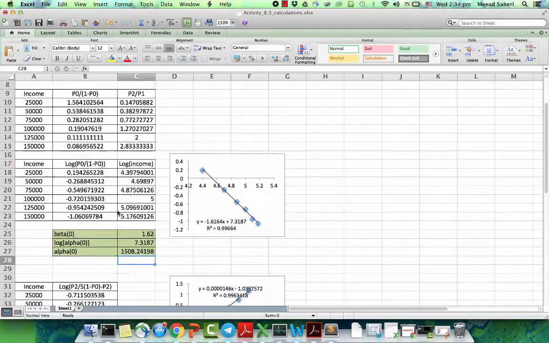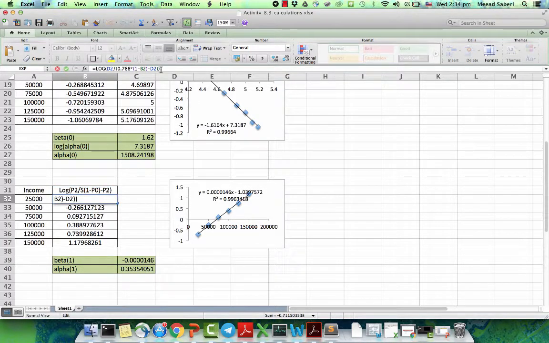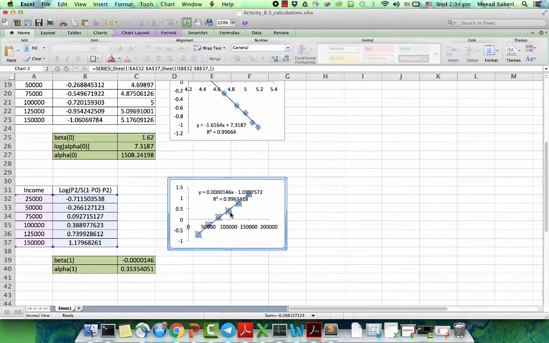Going back to the Excel sheet, I have my income. I have calculated this logarithm of P2 over 1 minus P0 minus P2. All the equations are in the cells if you want to have a look at it later. And I can actually plot them against each other and fit a nice linear regression.